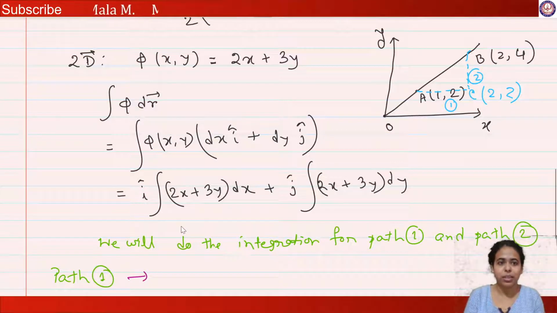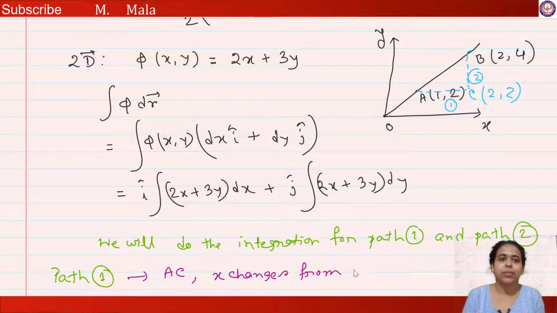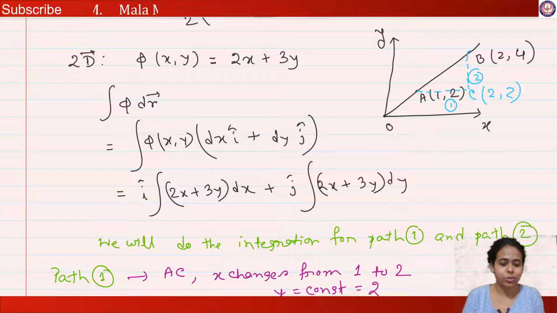Our path 1 is AC, where x changes from 1 to 2 and y is constant, equal to 2.